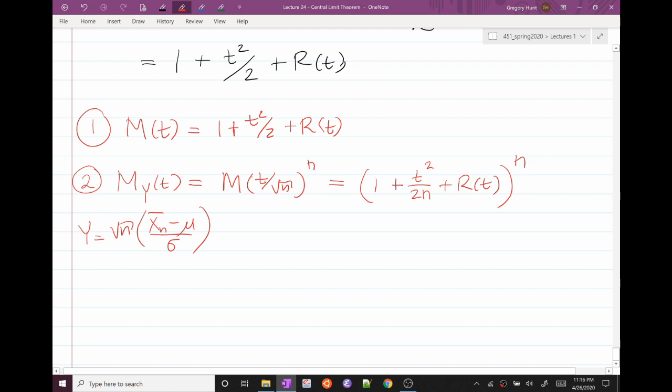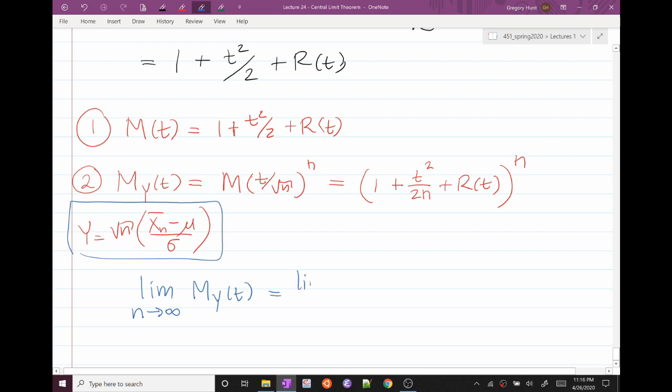And our argument here is that if I look at the limit as n goes to infinity of m y of t, notice that y depends on n, so we don't explicitly say it, but it does.